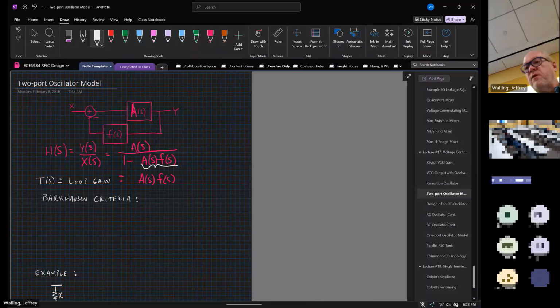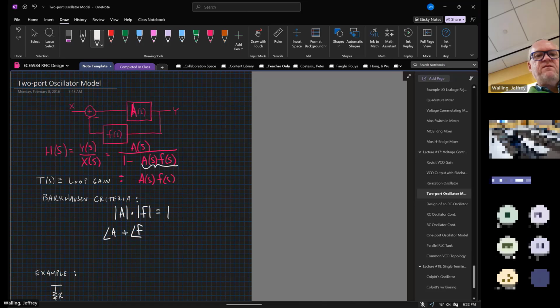And indeed, they call that the Barkhausen criteria for oscillation. And we can write this in terms of magnitude and phase. What we're really saying ultimately is that the magnitude of A times the magnitude of F has to be equal to 1, and the phase of A plus the phase of F has to be equal to 180 degrees.